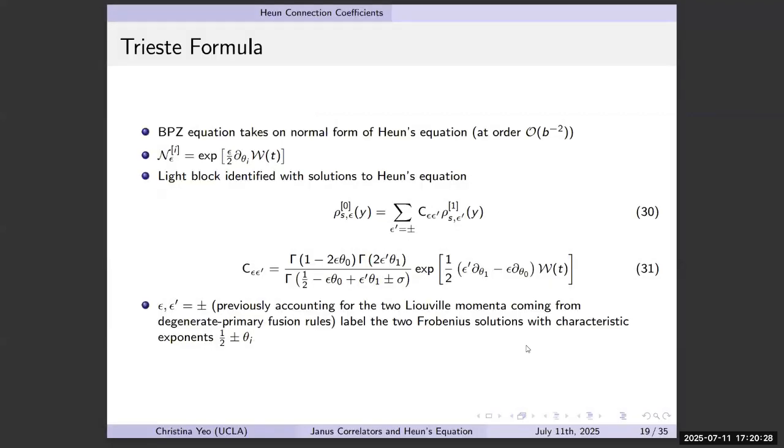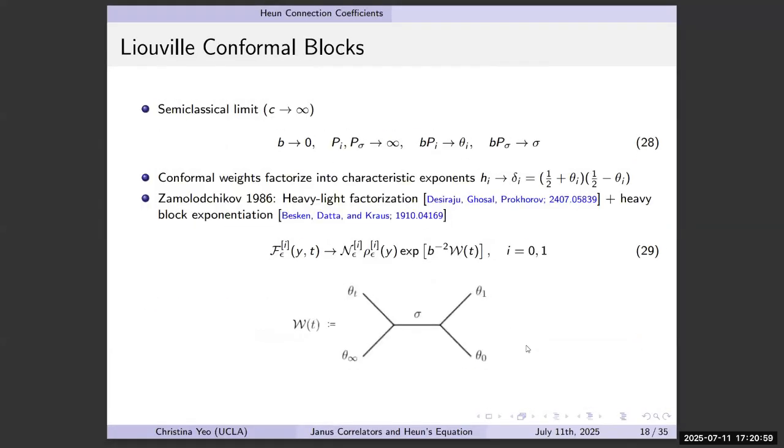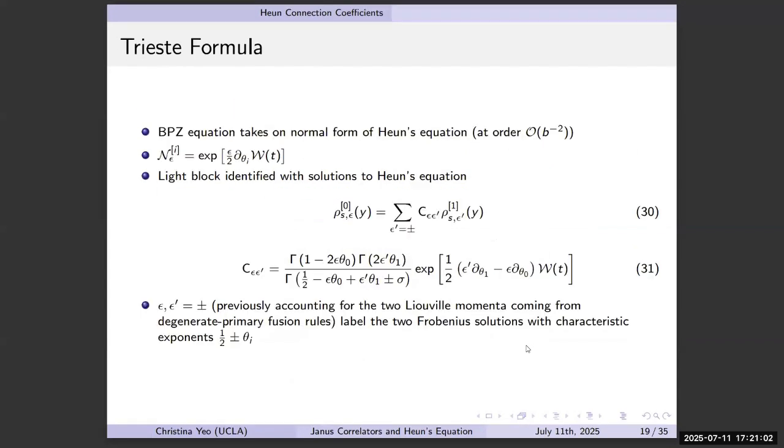Okay, so we take this limit and when we collect terms that are at this order in terms of B, it takes on the normal form of Heun's equation. This normalization factor comes from the fusion of the light degenerate operator with the heavy operators. And like I said, the light block becomes identified with solutions to Heun's equation, and they're going to be related by this connection formula, which we know previously from the fusion transformation matrix, and now we have this normalization coming along for the ride.